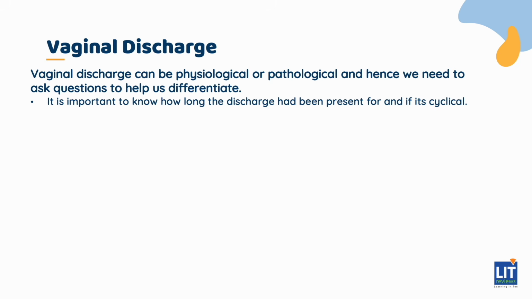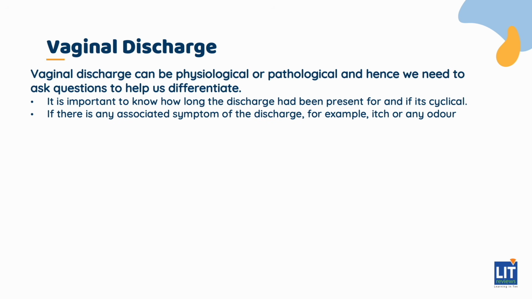Additionally, one should ascertain whether the discharge is cyclical, meaning if its amount increases during a particular phase of the menstrual cycle. It is worth noting that during ovulation, the discharge tends to be thin and mucousy, while closer to the start of menstruation, it becomes thicker and whitish. This hormonal variation is normal.